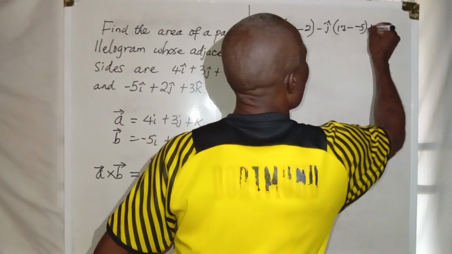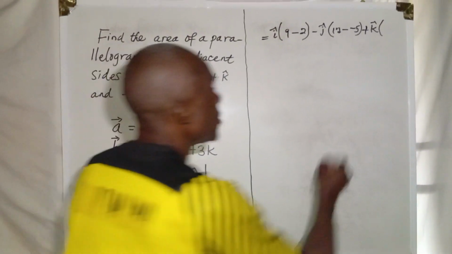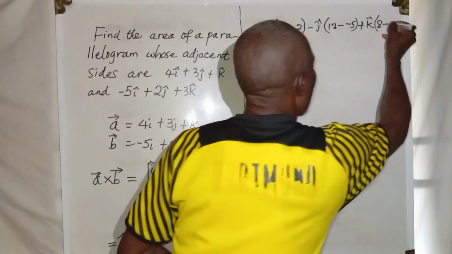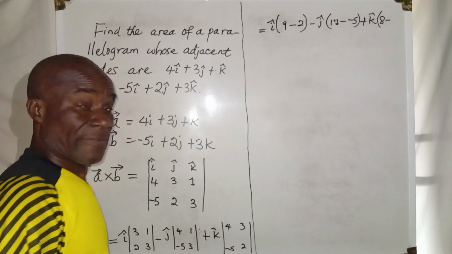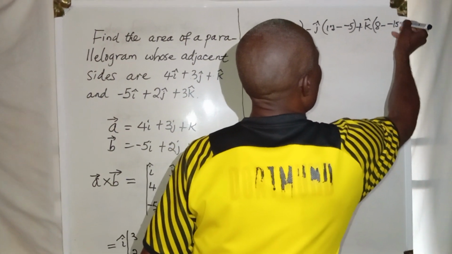Plus k times 4 times 2 is 8, minus 3 times -5, which is -15, written to avoid confusion.